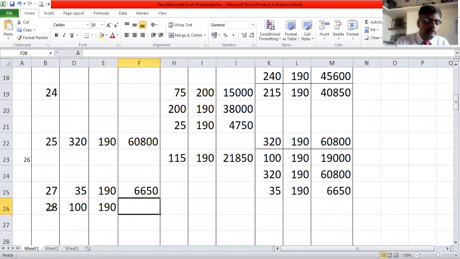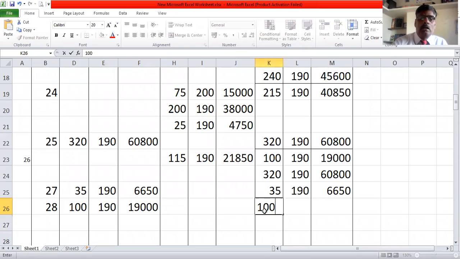And amount is 19,000. Okay, 19,000. You take to the balance column. 100 at the rate of 190. Amount is 19,000. Okay. So the problem is completed.